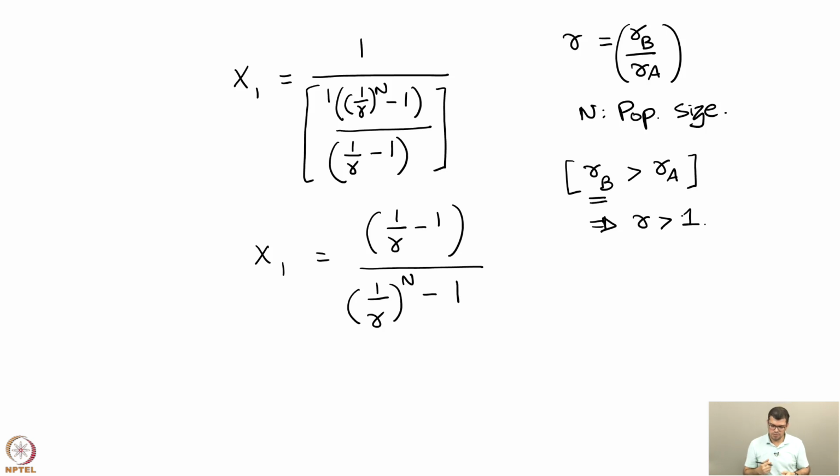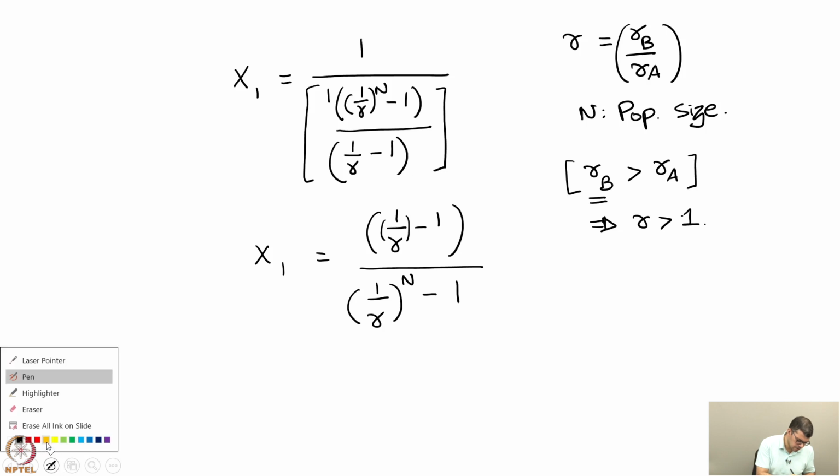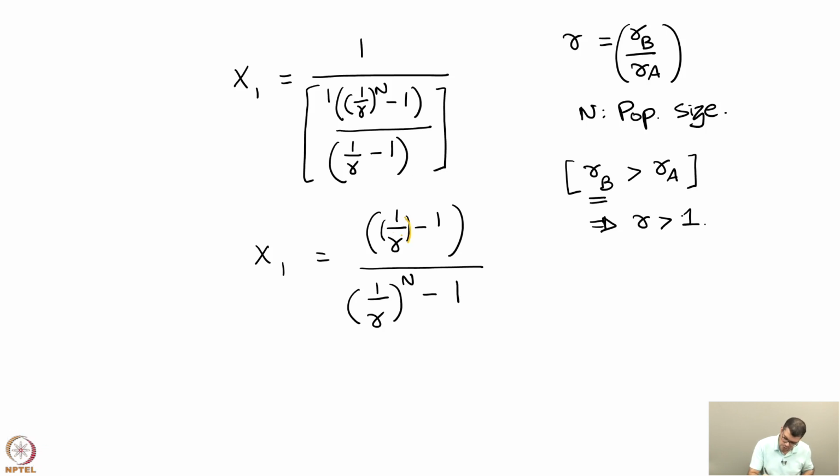So, what that means is that 1 by r is a number which is less than 1, and 1 by r to the power n, n is the population size, is another positive number. So, this ratio is less than 1, and this ratio also is less than 1.